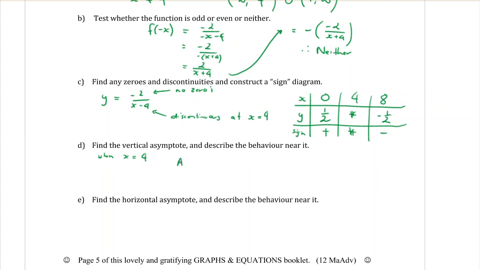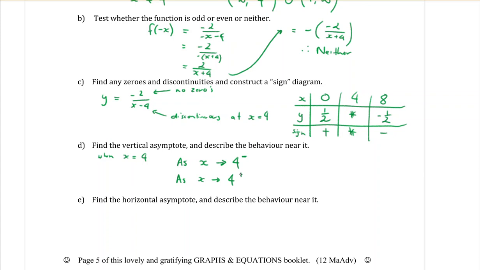So I want to see what's happening as x is approaching 4 with a little minus sign up here, saying just slightly to the left of that asymptote, which means just slightly smaller than that 4. And I also want to do as x is approaching 4 with a plus sign, which means just slightly on the right. Now, we can use our table of signs to help us do this.